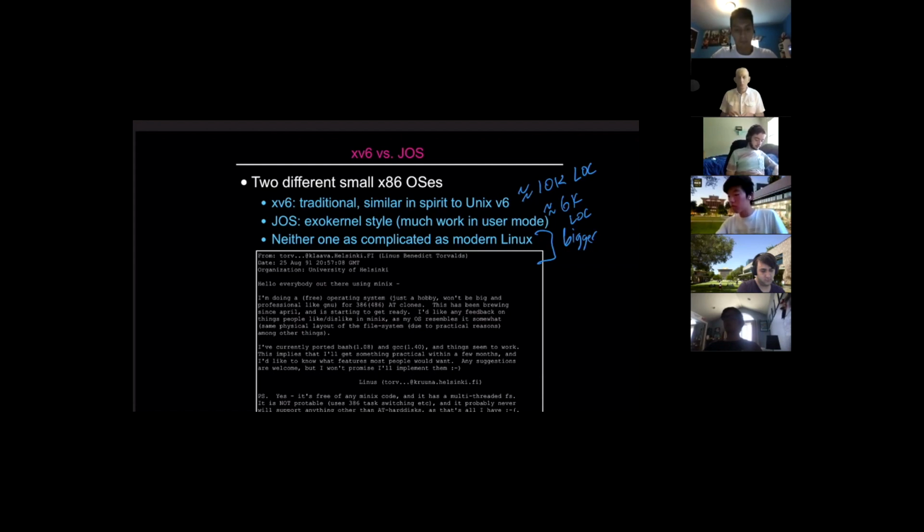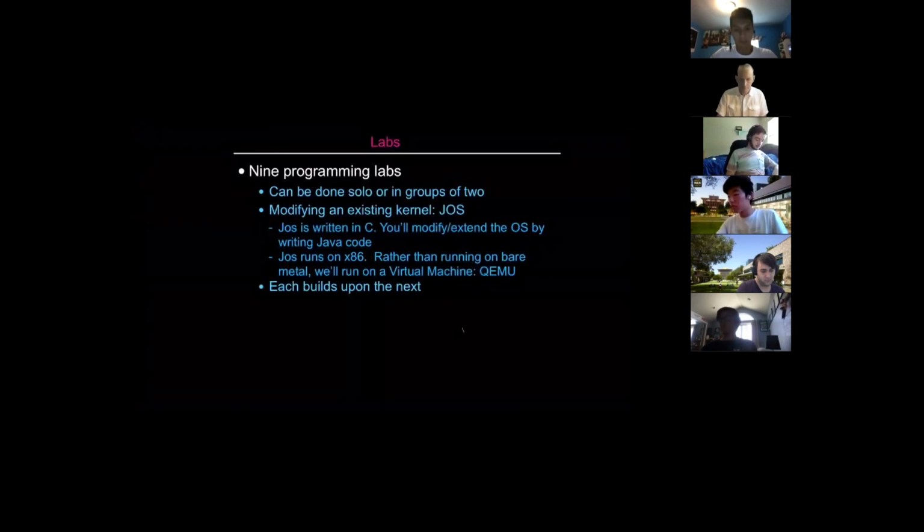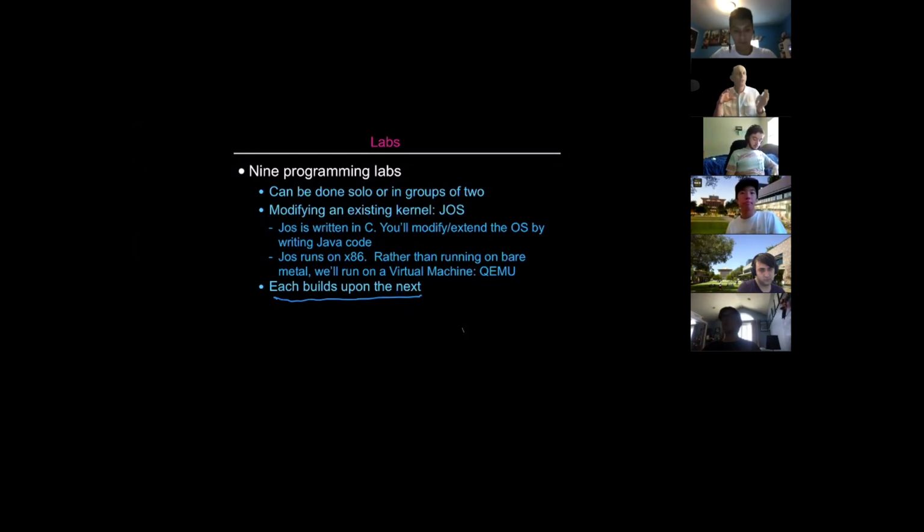But as we work in JOS, we have these 9 programming labs, and each programming lab builds upon the previous programming lab. So we'll start with something very simple and add some code to it, and then once you add the code and get it to a certain point, we will often provide you some extra code.